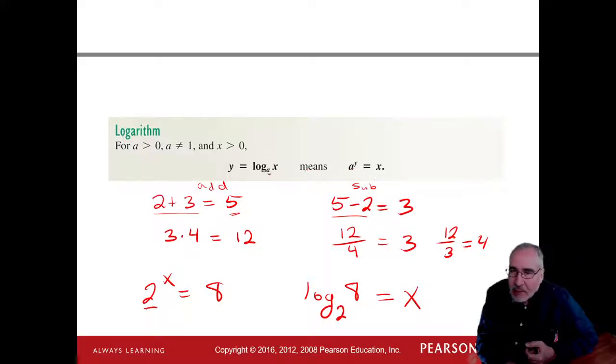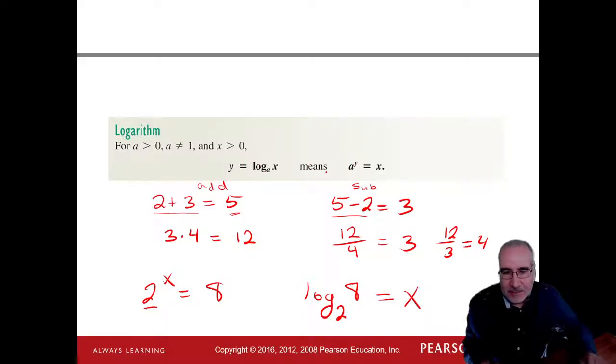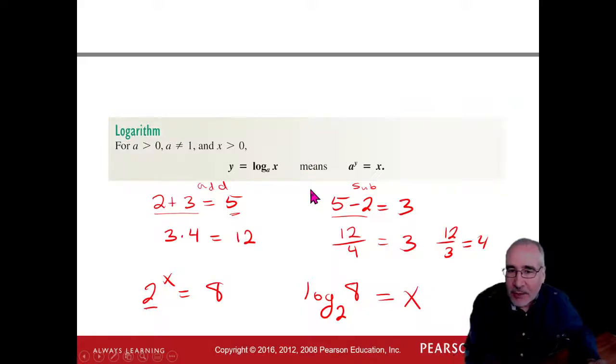Notice the base stays the base. Now the a was not together with the x, but now it is when we go to the inverse. And so they switch sides. Okay, and we can use that to actually solve a lot of equations. Notice how we had this, we solved it for x just by doing a dance. We changed it into its exponential form. So the log dance, we can go with either way.